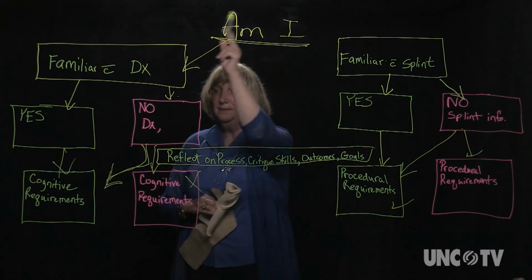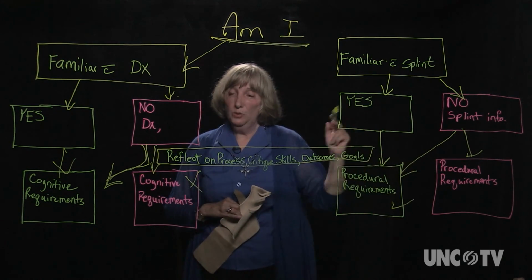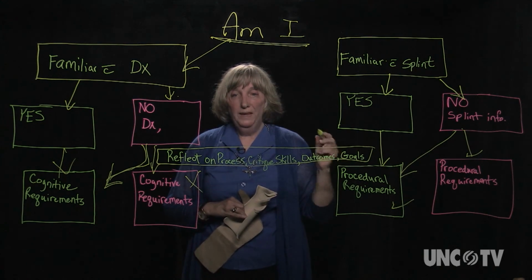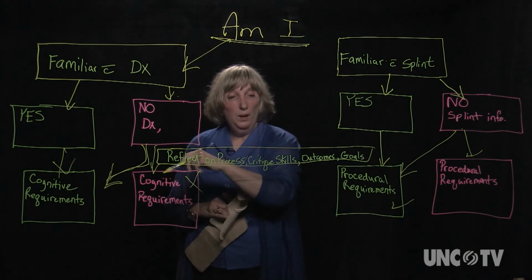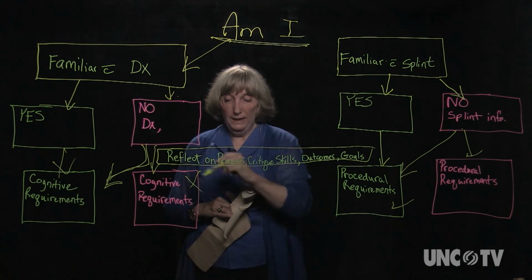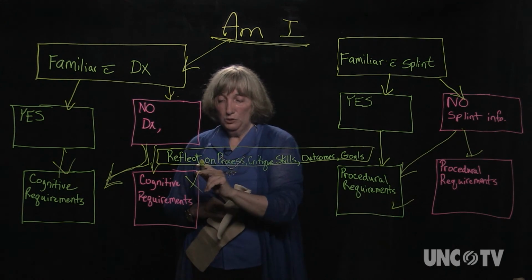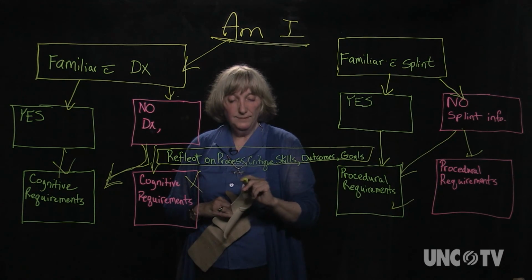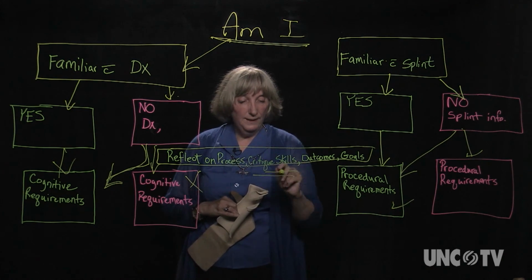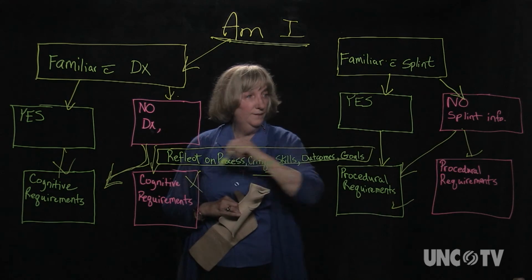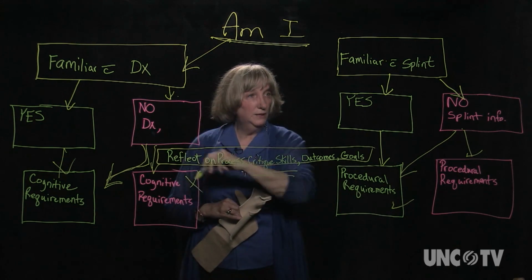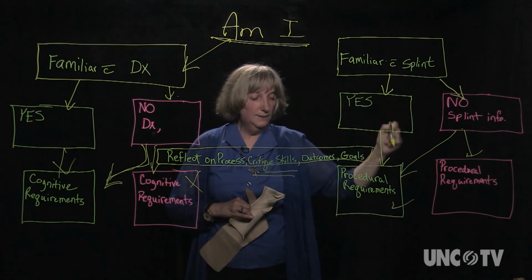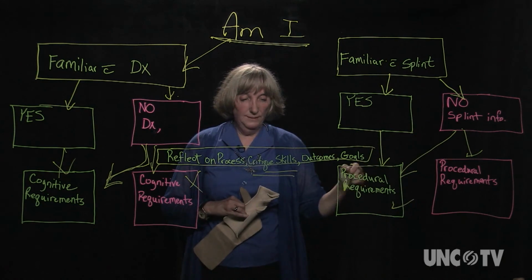So in essence, this is a critical thinking flowchart that needs to happen before you proceed with fabricating a splint. It means reflect on the whole process, critique your skills at each stage: cognitive, as far as the condition, the diagnosis, the precautions, the splint, and the fabrication process.